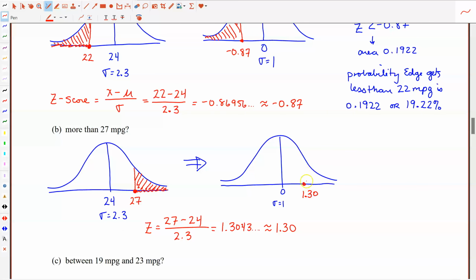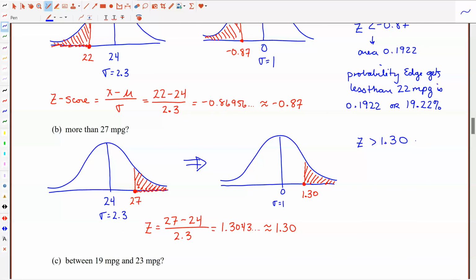And then we're looking to have it be more than that value, so I want to shade the area to the right of that. Ultimately, the range I'm looking for is the area where the z-scores are greater than 1.30. Now from my sketch I can see that I have shaded area to the right.